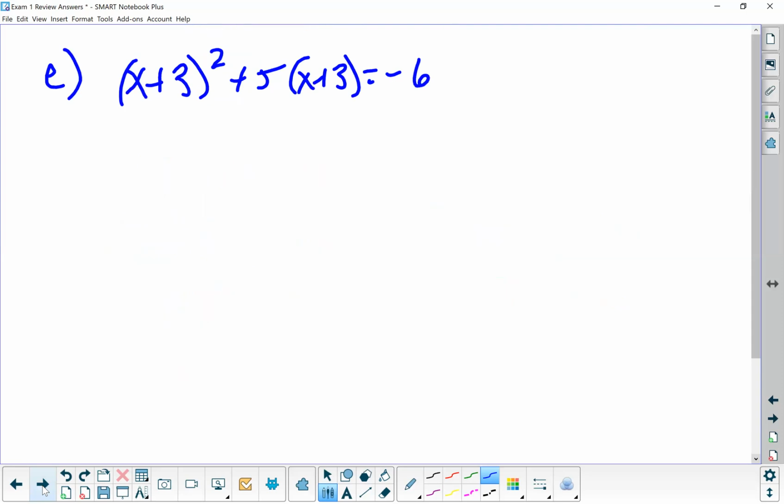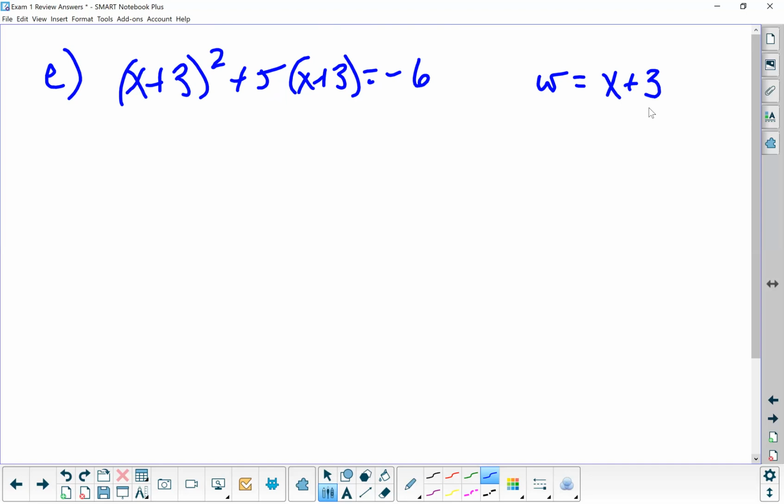Taking a look at part E, there are two ways to go about this one. This is a quadratic type problem. So you could say, well, let's make a substitution. Let's let W equal x plus 3.